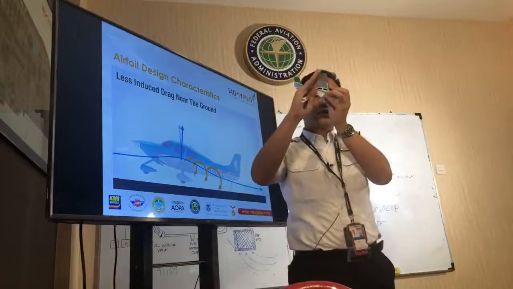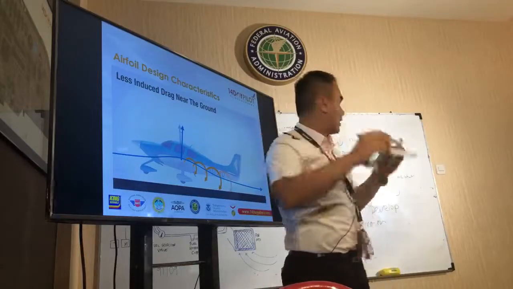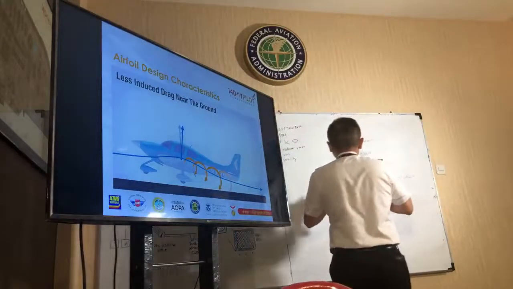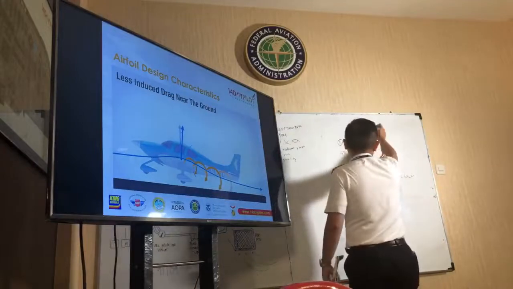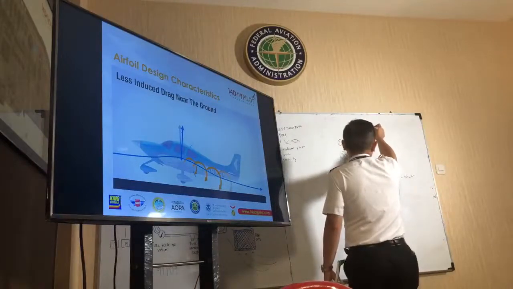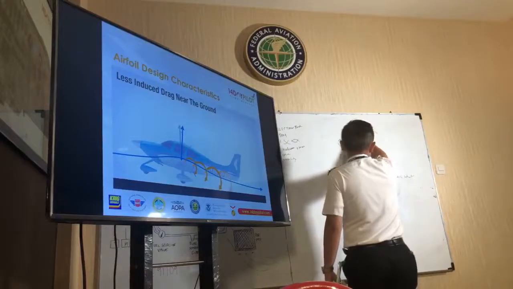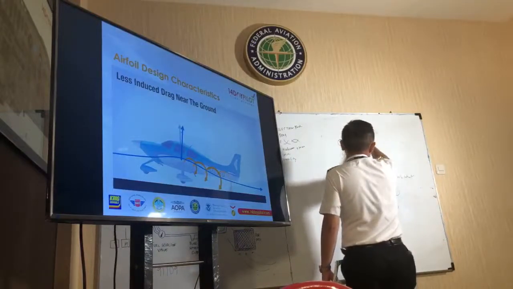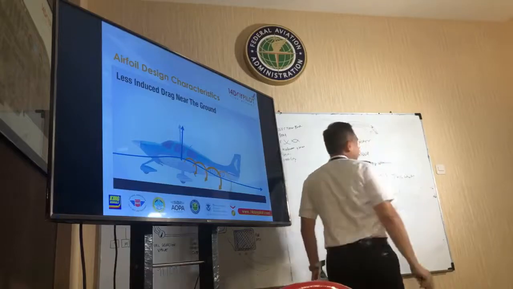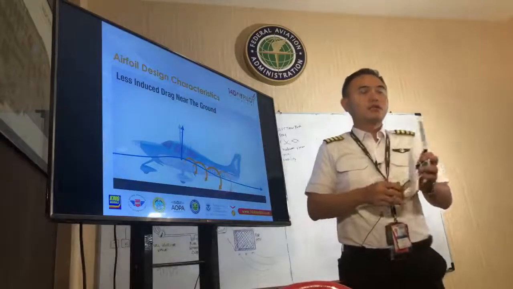When this aileron goes down, let's see here. This is your wing, and this is your chord line. Now your chord line has changed, and this is your relative wind, and you have a higher angle of attack.